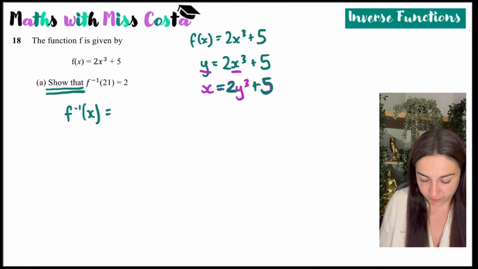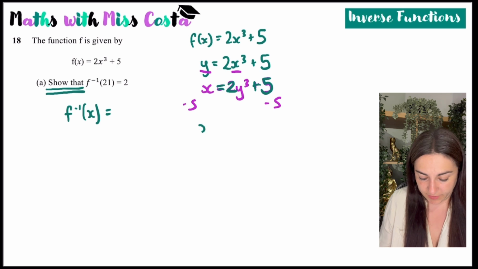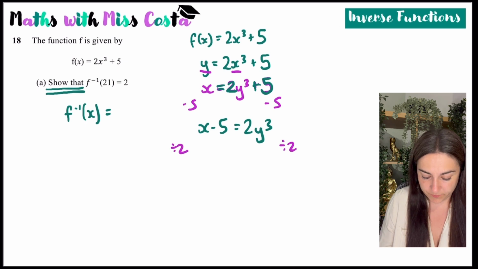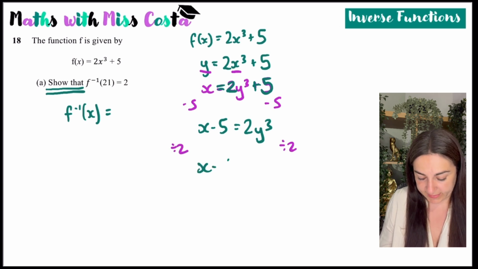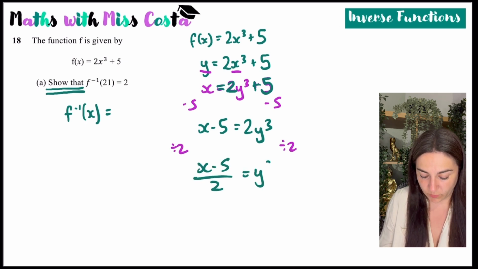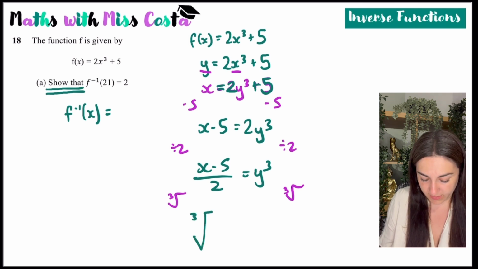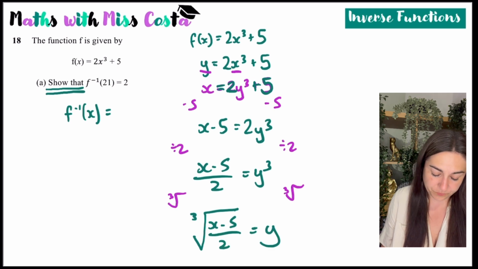So the first step you could do is take 5. So x take away 5 is 2y cubed. The next step would be to divide by 2. So x take away 5 divided by 2 equals y cubed. And the final step to make y the subject would be to do the cubed root. So the cubed root of this whole thing is y.